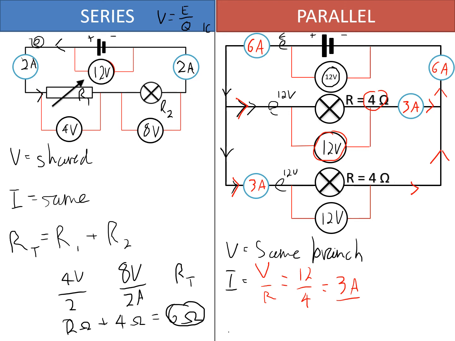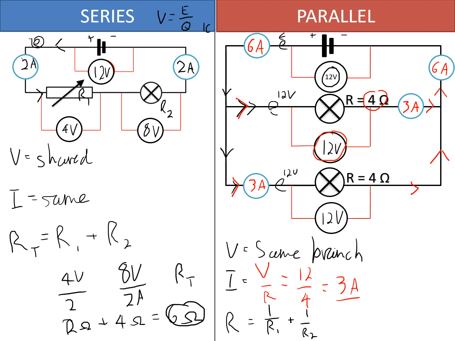Now, regarding the resistance, there is a law for resistors in parallel which you will learn in A-level physics. It's 1 over R1 plus 1 over R2 plus 1 over, if there's another one, R3. Now, I'm fairly sure you definitely don't need to know this for combined.